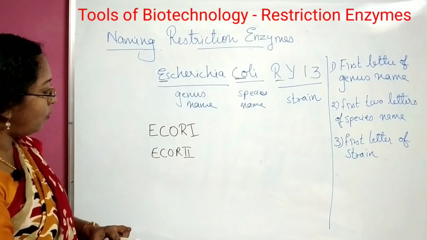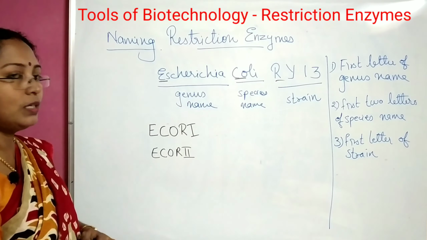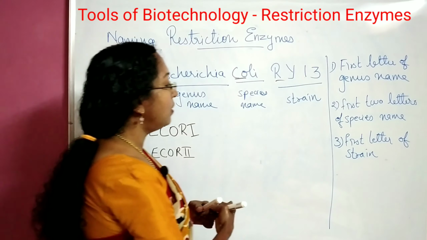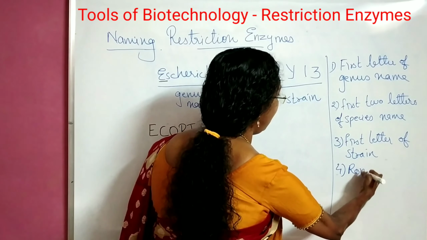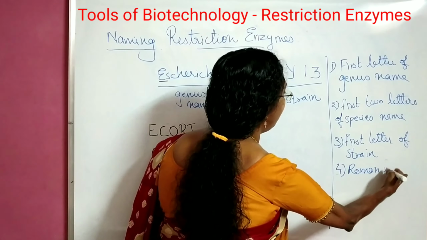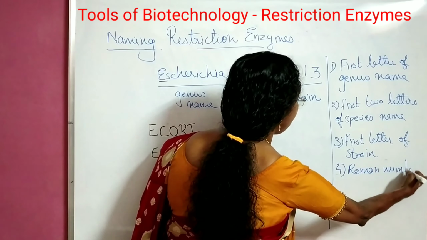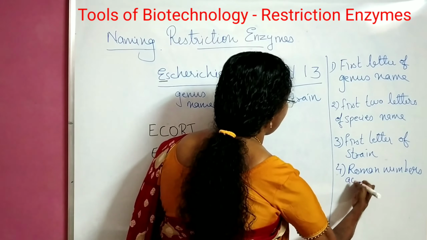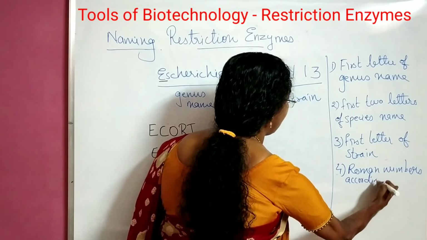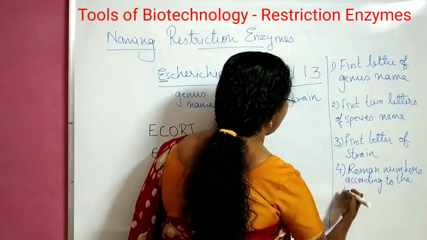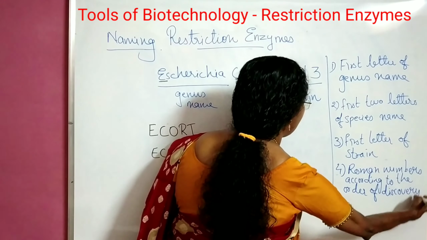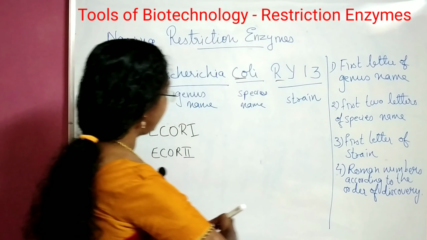Now what is this 1, 2, 3? It is the order of discovery. After that I'll put the Roman numbers according to the order of discovery.